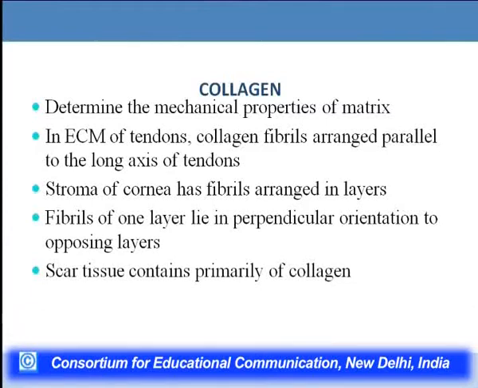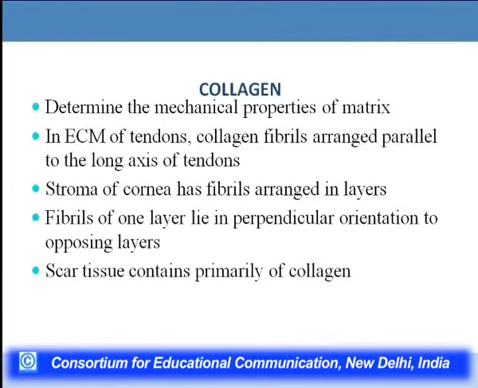If we talk about the cornea, which is the layer which covers the eyeball, and if we talk about the stroma of the cornea, it has collagen fibrils which are arranged in layers. So there are multiple layers of collagen fibrils present in the stroma, and in each layer the collagen fibrils are in parallel orientation.